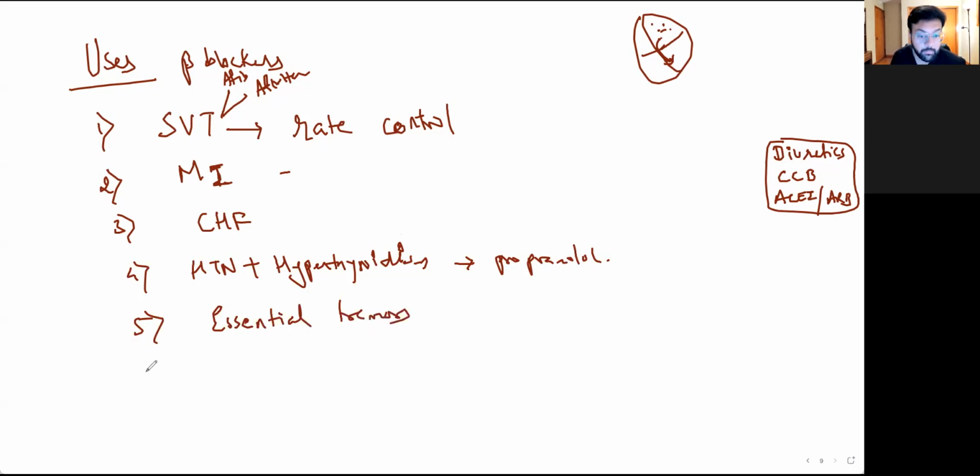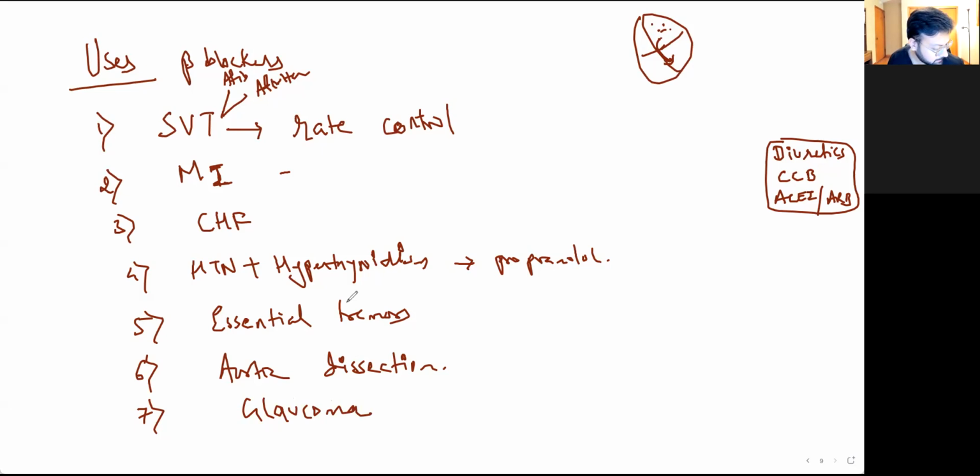You want to give beta blockers, especially labetalol, if the patient is coming to you with aortic dissection. They are the first drug of choice. Beta blockers like timolol can be used topically in glaucoma. I think that's pretty comprehensive.